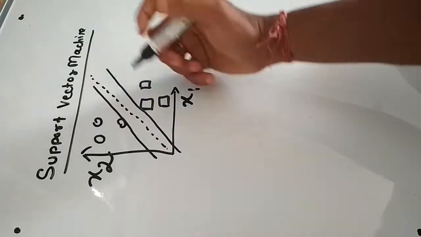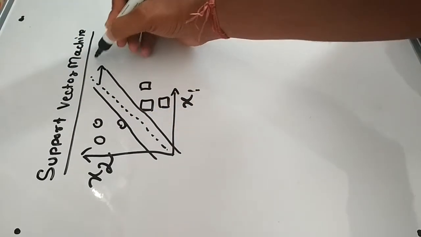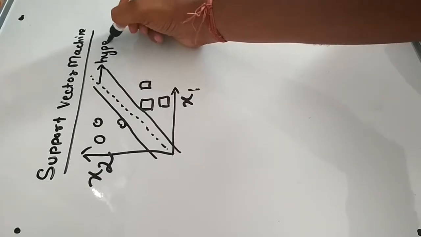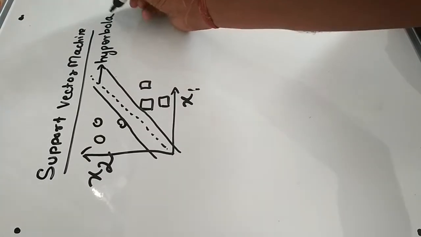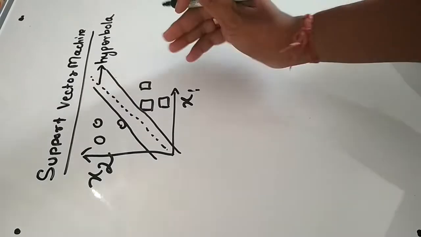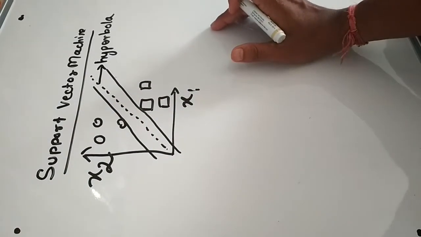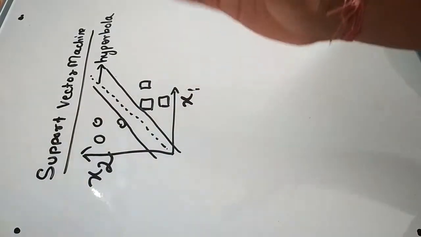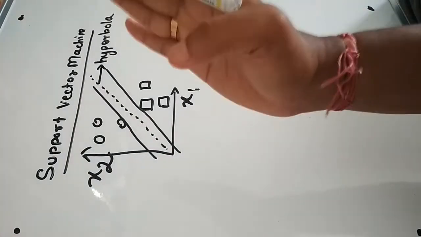This line is called a hyperplane. The hyperplane is defined here to represent the separating line between the two sets.